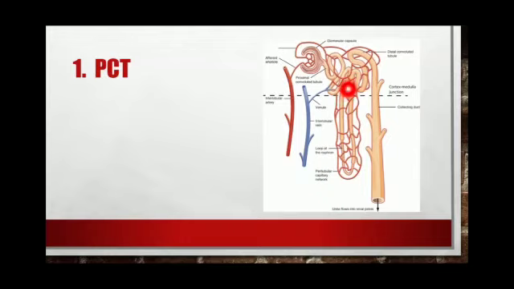This is the most highly coiled portion of all the segments of the renal tubules. The PCT is lined by simple cuboidal brush border epithelium. All the renal tubules are lined by simple cuboidal epithelium only.